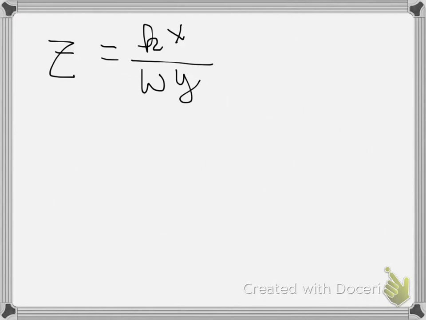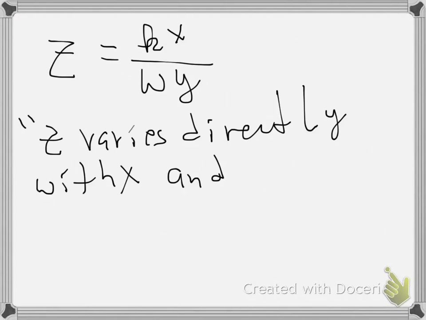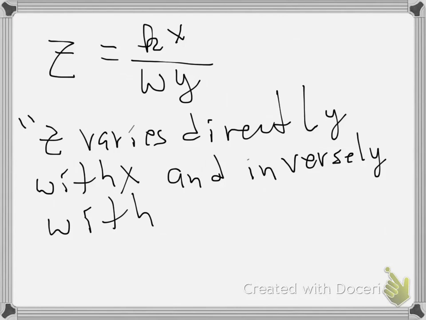And here we would say that z varies directly with x and inversely with w times y. Okay?